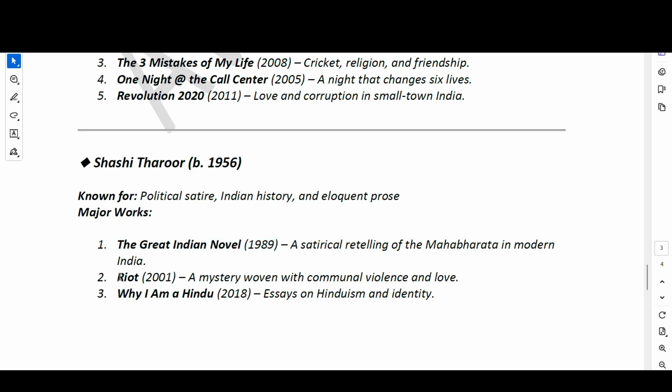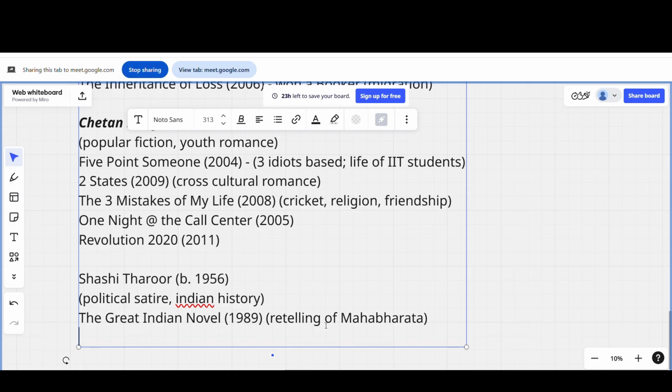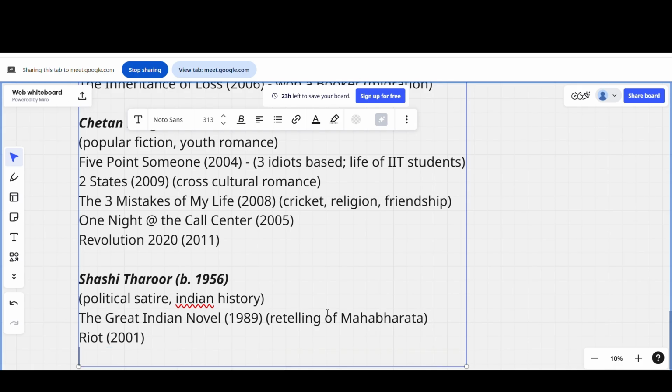Next is Riot, 2001. Why I Am a Hindu, 2018, is an essay on Hinduism.